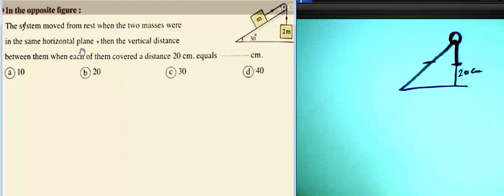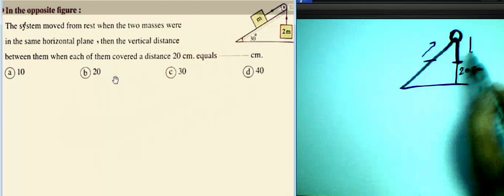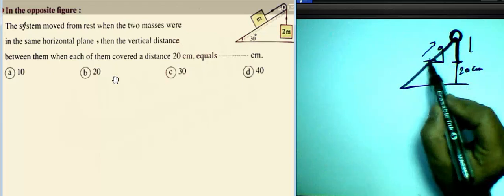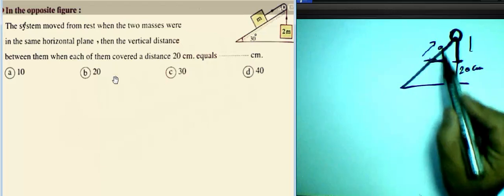He gave us that each of them covered a distance of 20 centimeters, and one will be going up along this distance. So we can find this distance here. Who can tell me the distance here?